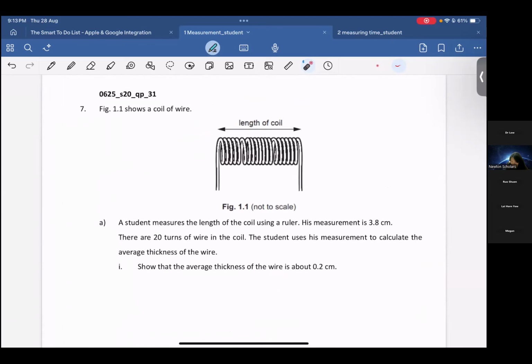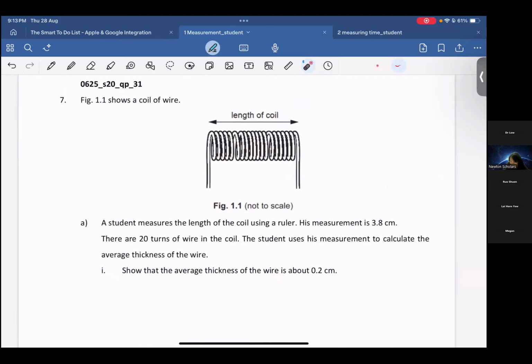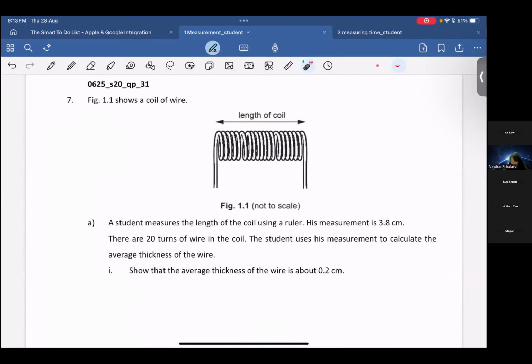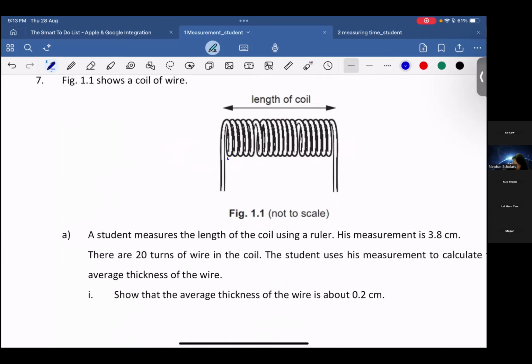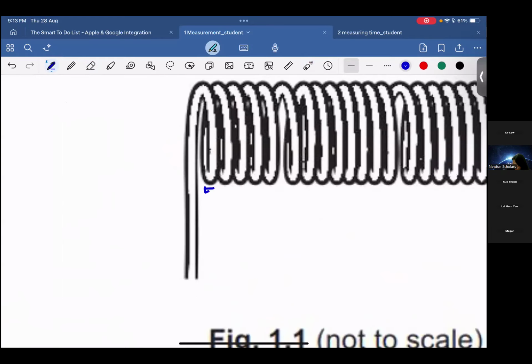A student measures the length of the coil using a ruler. Okay, this is not to scale. Don't use your own ruler and measure it. His measurement is 3.8 cm. There are 20 turns. The student used his measurement to calculate the average thickness, from here to here.